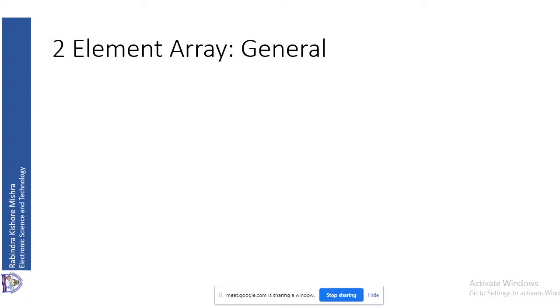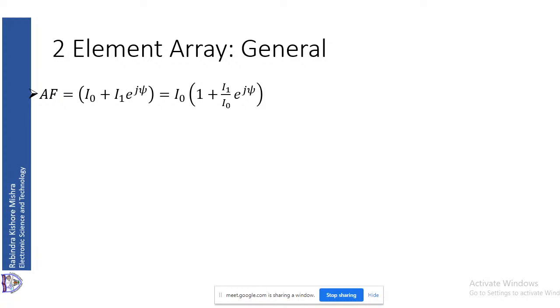So let us start with the two-element array, which we have discussed. We discussed a special class of two-element array. What was that special class? The special class was uniform. Definitely two elements means it is linear, but it was uniform.